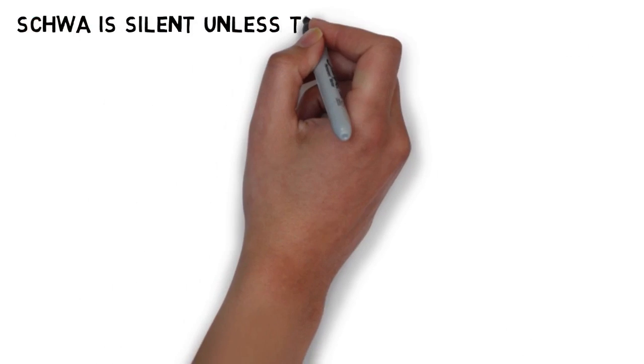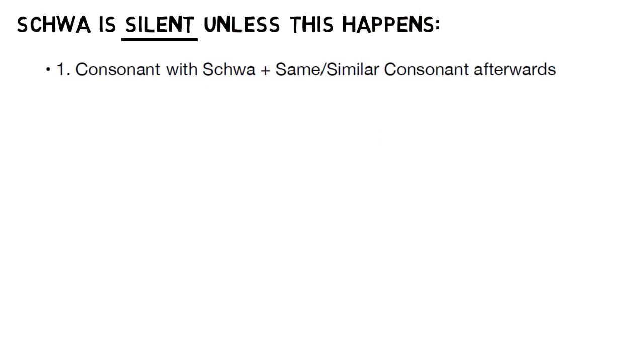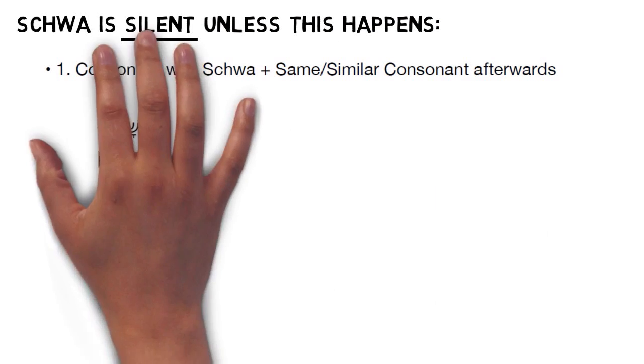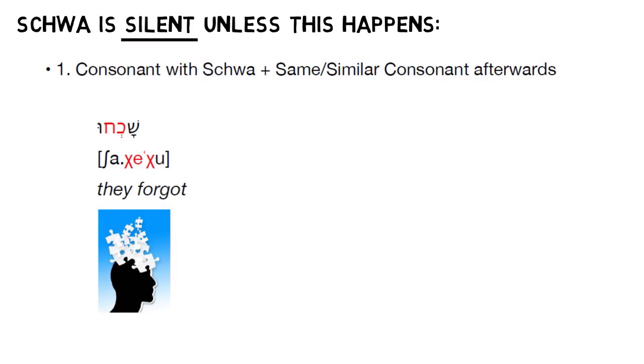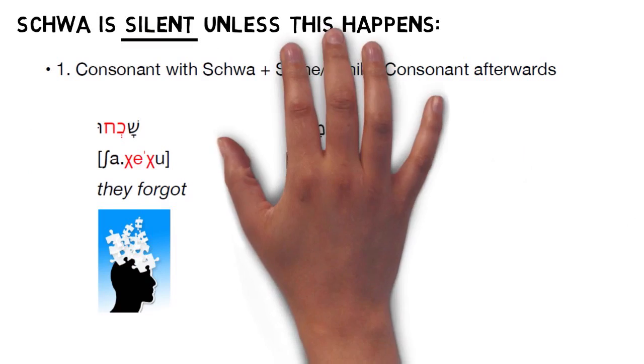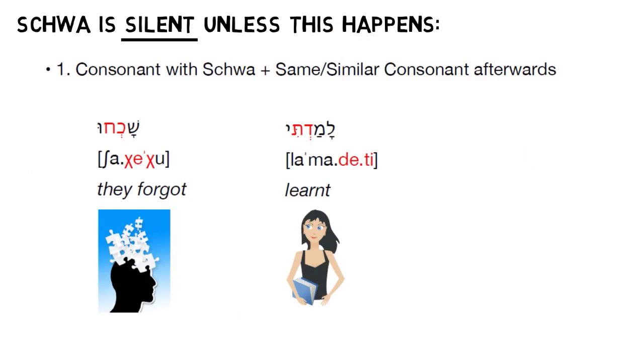So, our rule is going to be that a schwa is silent unless your word falls into one of these 4 categories. Category 1 is going to feel the most natural. You have a letter with a schwa underneath, and the next letter either has the same sound, as in shachechu, there's a ch with a schwa under it, and then there's another ch right after it. Or it has a sound that's produced in the same place in your mouth, as in lamadeti.